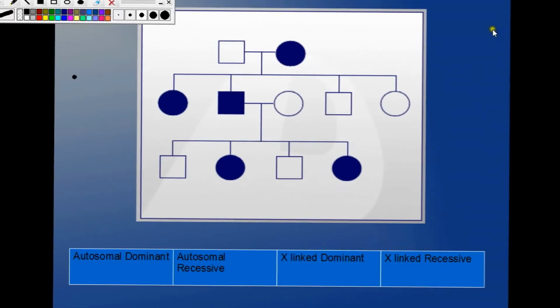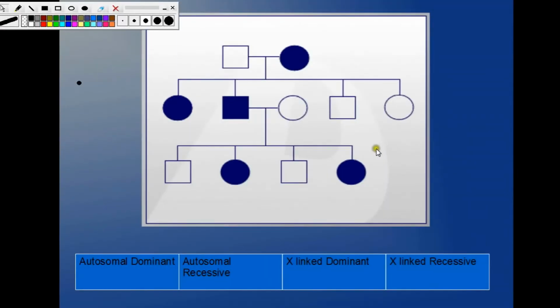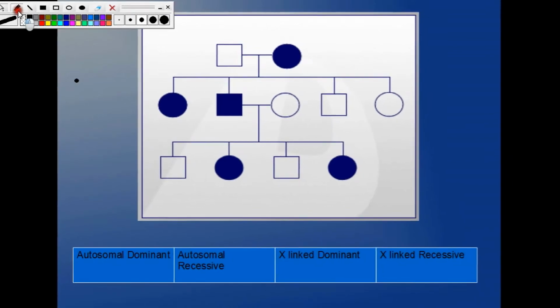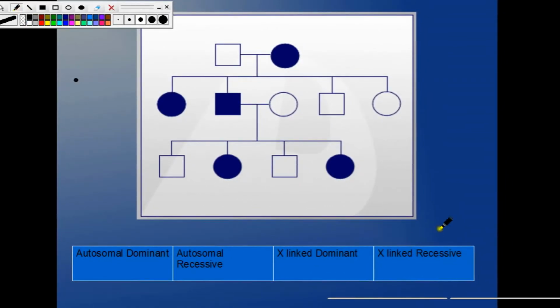Alright, now I'm going to do a practice problem with the X-linked traits. First I'm going to assume that it's X-linked recessive. Since the male parent of the first generation does not have the disease, his only X is going to be a big A, and then he's going to have a Y. The female who does have the disease is going to have two little a's because she has a recessive phenotype.